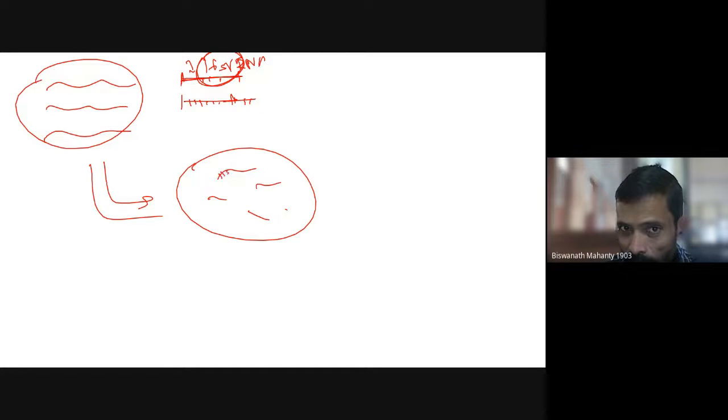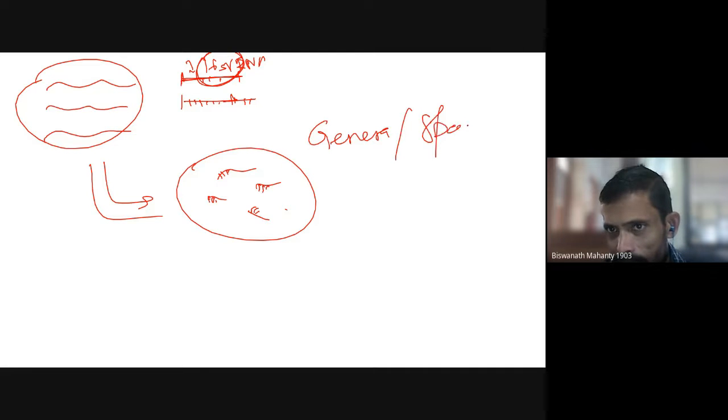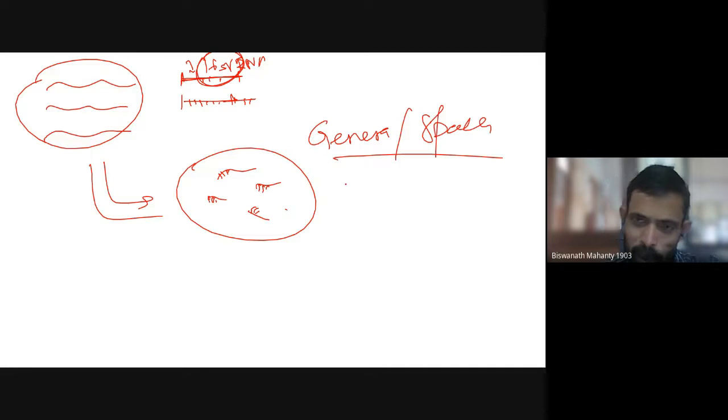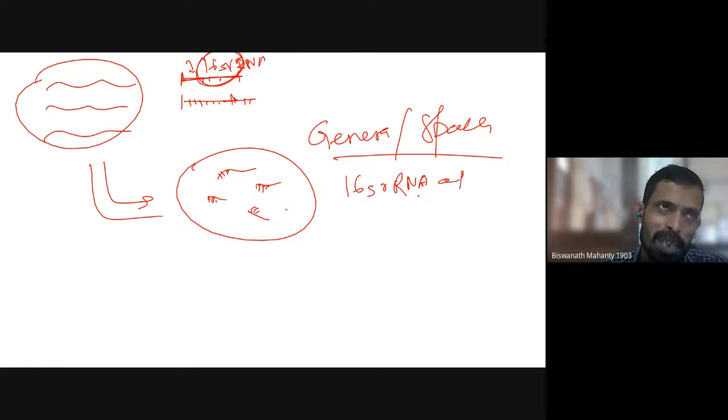So if we are running some 16S rRNA analysis, we can also identify whether this particular genus or species is there. Okay, you can study more on 16S rRNA analysis. I can tell you, if you give me some microorganism, I can tell you what is its genus, what is its species, without doing anything, only by molecular techniques. So once I know the molecular technique, I can limit the possibility.